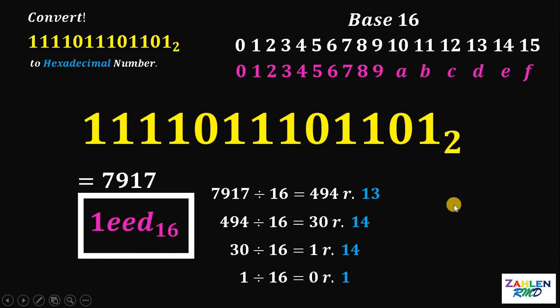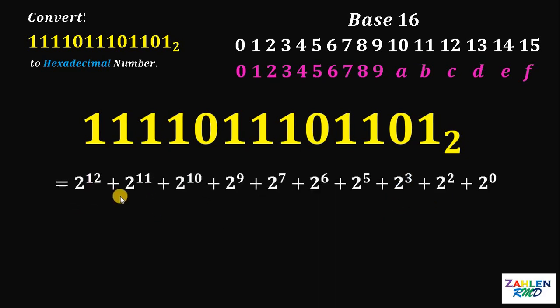But there's another solution to this question. Now let's go back to this part, wherein we represent this binary number into its decimal form with powers of 2. Now, take note that 16 is just 2 raised to the 4th power. So, what we're going to do here is to consider 2 raised to multiples of 4.